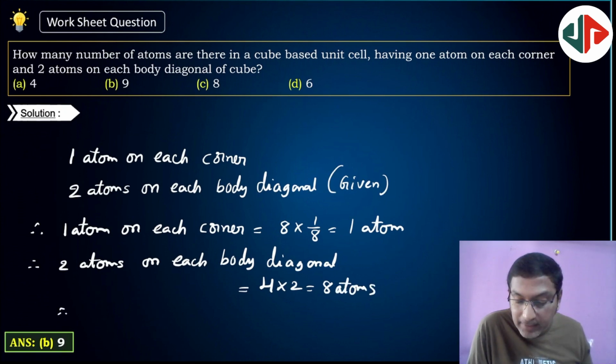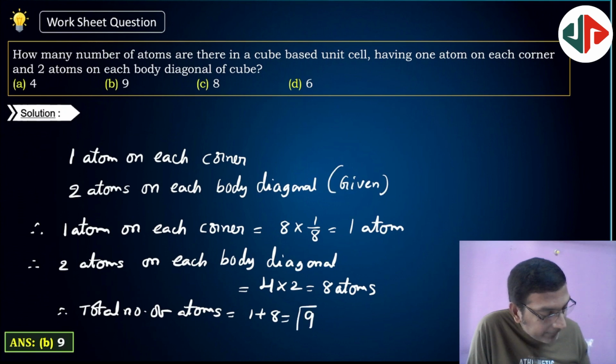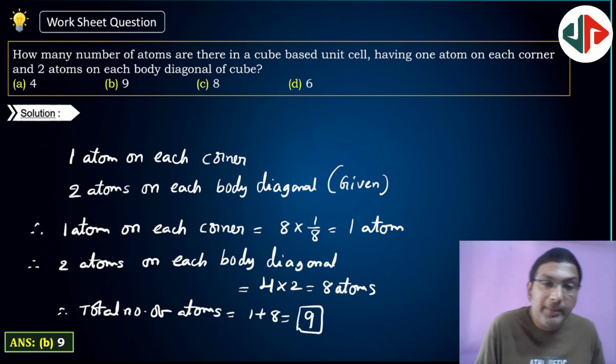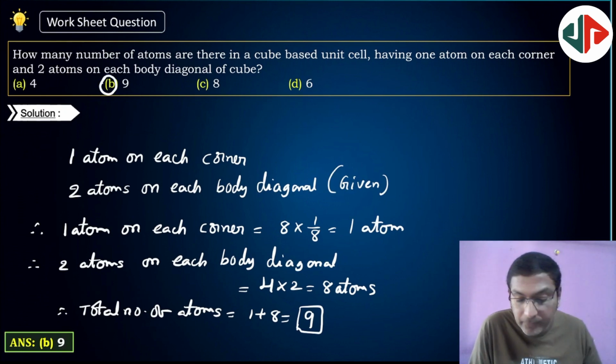Therefore total number of atoms equal to 1 plus 8, 9. So one atom is on each corner, 8 corners will be there, 8 into 1 by 8 contribution, 1 atom. 2 atoms on each body diagonal, 4 body diagonals will be there, 4 into 2, 8. Therefore 1 plus 8, 9. Option B. Next.